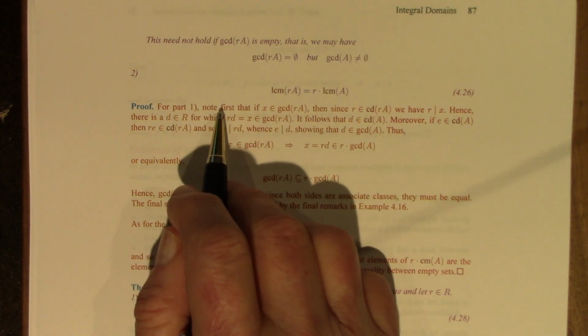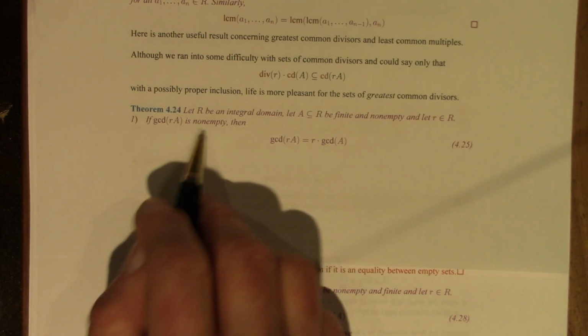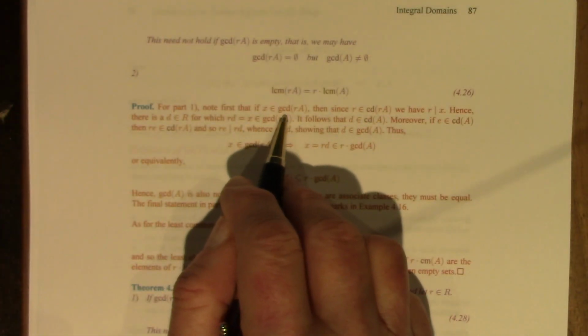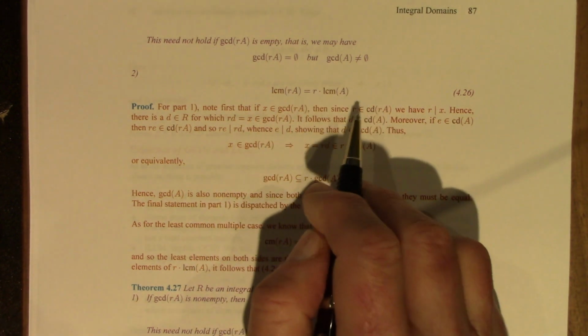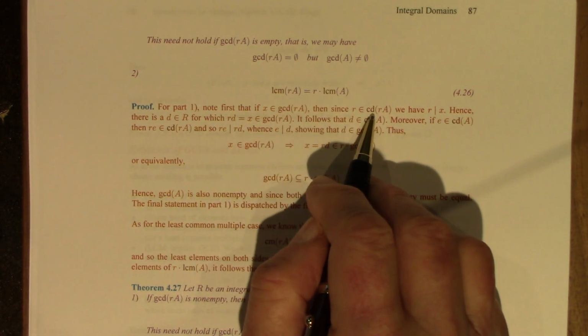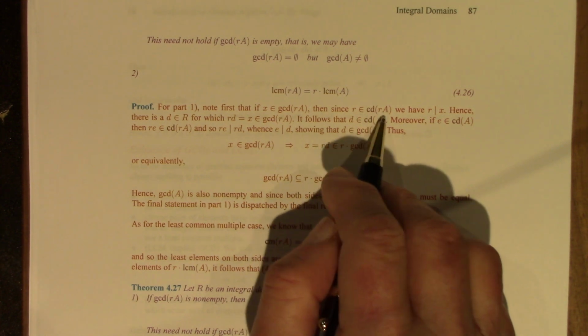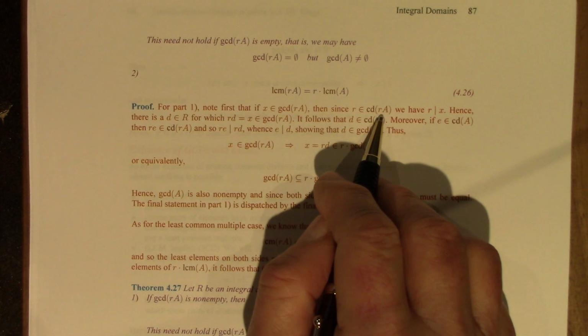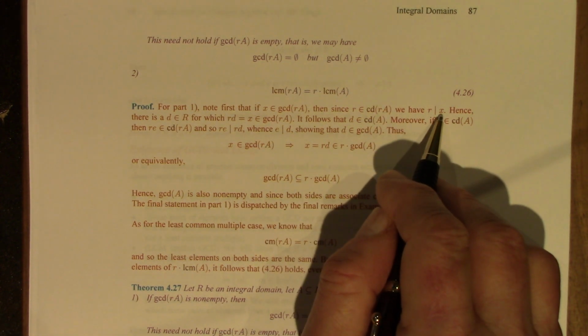Okay, so how do we prove part one, this formula, assuming the GCD of rA is non-empty? Well, if x is a GCD of rA, then because r is a common divisor of rA, r obviously divides anything of the form r times a, we have r divides x.